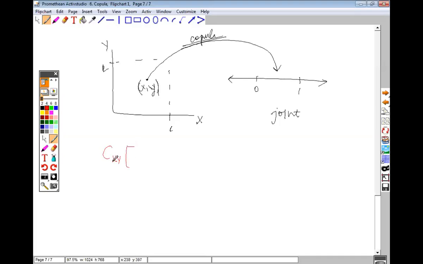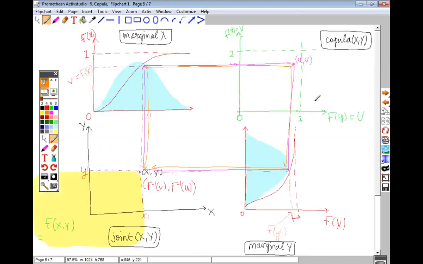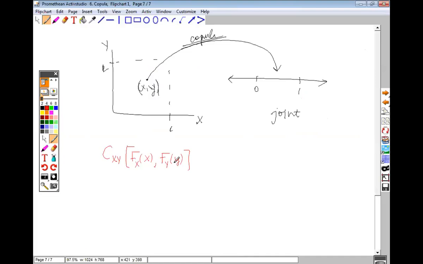I do write X and Y here because my variables will still be Fx and Fy. So remember, whenever you think of copula, think of this particular graph here, which takes input f of x and f of y. And what does it measure?